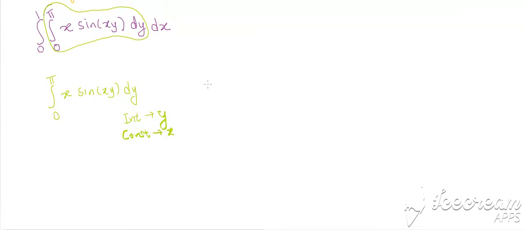So what will be the integral? Now we are integrating sine. So here we are going to make use of the rule: integral of sine ax plus b dx. When you are integrating with x, what will it be?